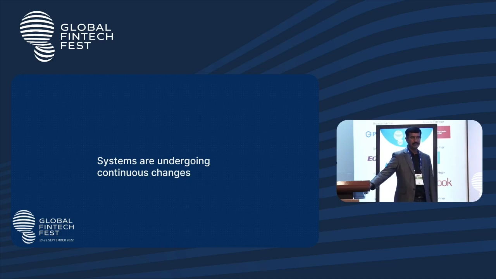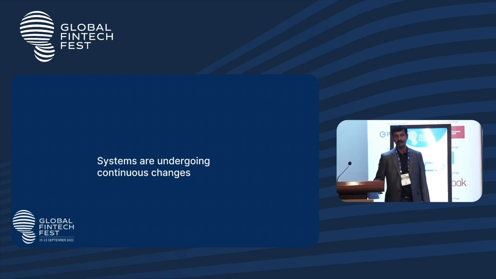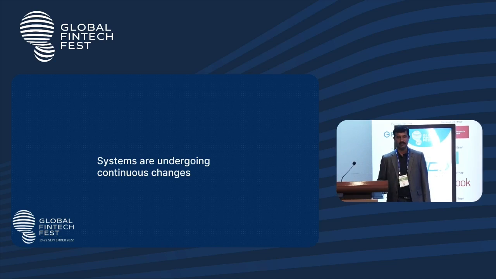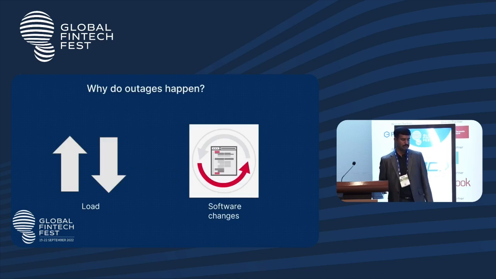But there are continuous factors that change all the time, right? You cannot really do real testing in your prod. You can only do pre-prod, stage, or dev environments. But in the production environment, there are continuous changes happening. So what are some of those changes?